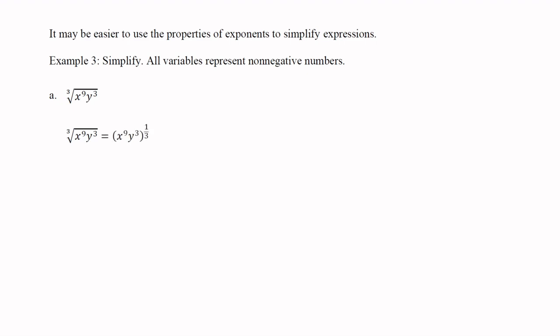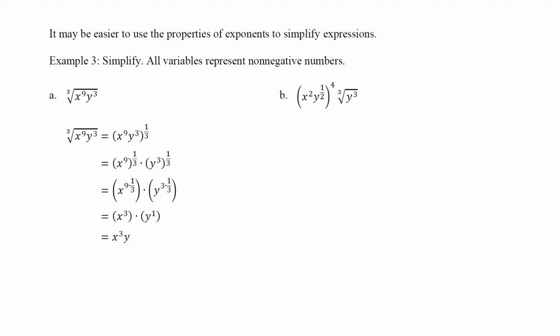So we know that the cube root is the same as taking everything to the 1/3 power. Now we can use our power to a power rule and multiply our powers. So we've got x to the 9 times 1/3, y to the 3 times 1/3. And that's going to give us x to the 3rd times y to the 1st, which is x to the 3rd y.